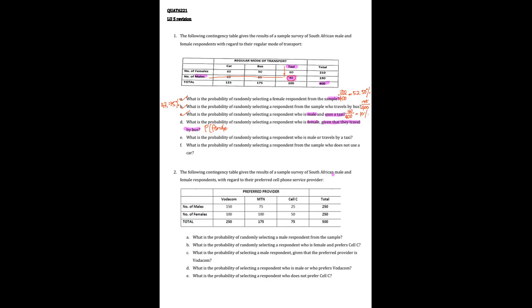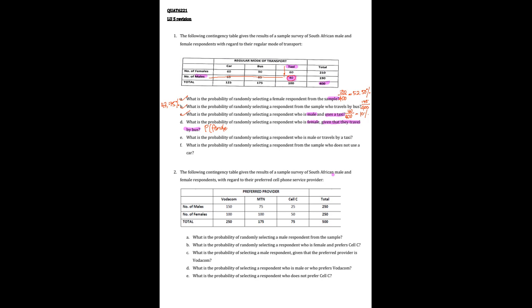Now, this is something called a conditional probability, or it's also called a dependent probability. Why we call it dependent or conditional is because this event occurring depends on something else already having occurred.